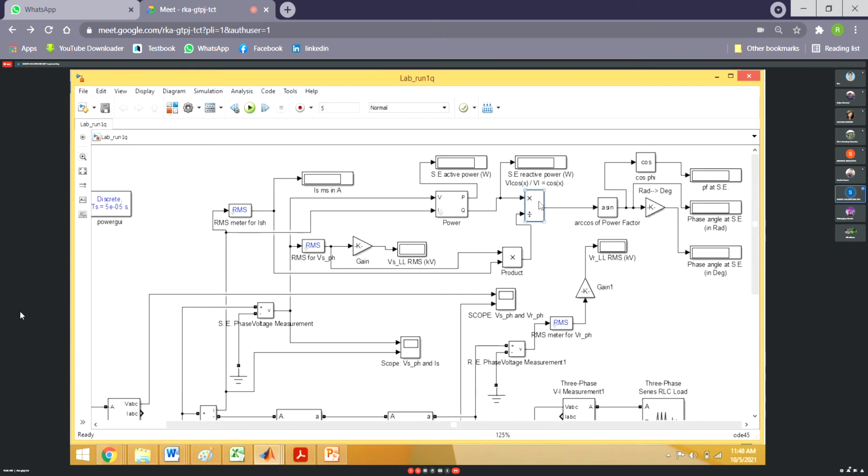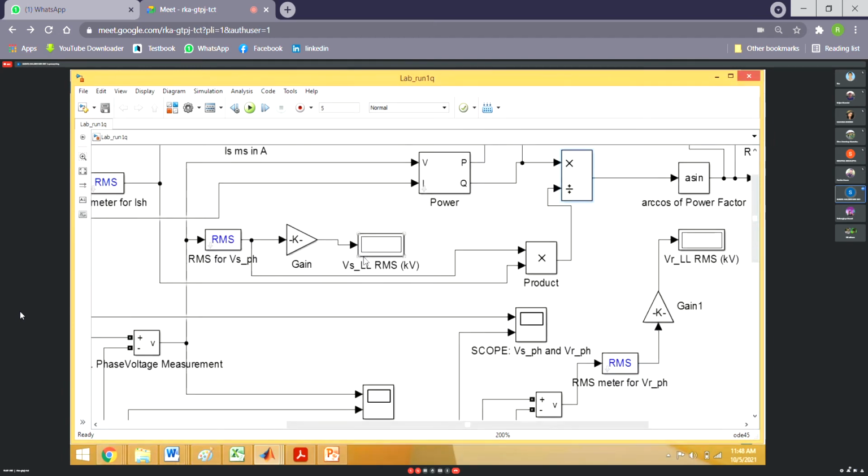So whatever is the numerator, that will be in the multiplied terminal, and what is the denominator, that will be in the division terminal. If there is a product term, what is the product? That is the RMS value of current and RMS value of voltage, line voltage, phase voltage. This is the RMS voltage; when I multiply it by √3 and divide by 10 to the power 3, we can get the sending end voltage line to line. So here sending end voltage is in volt, and sending end RMS voltage per phase.